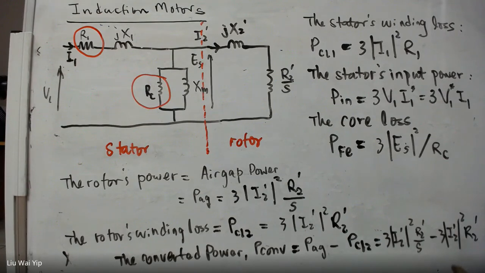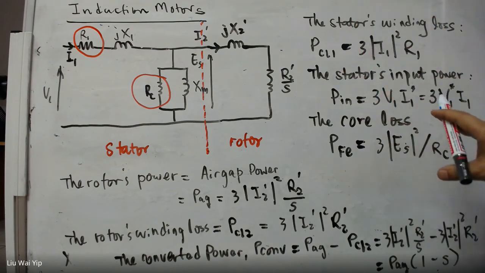So if you work out carefully, this expression is going to be equal to P_AG, the air gap power, times 1 minus S, 1 minus the slip. So this is the reality of the induction motor. So let's write down the important conclusion here. We have this and that, we have almost everything.